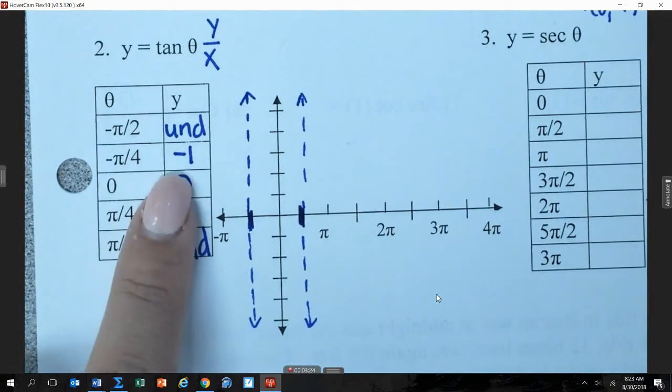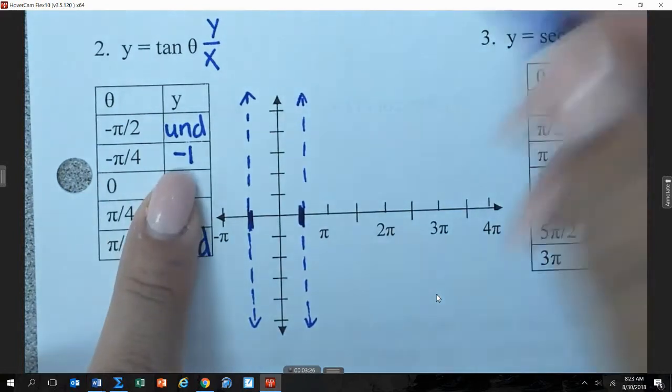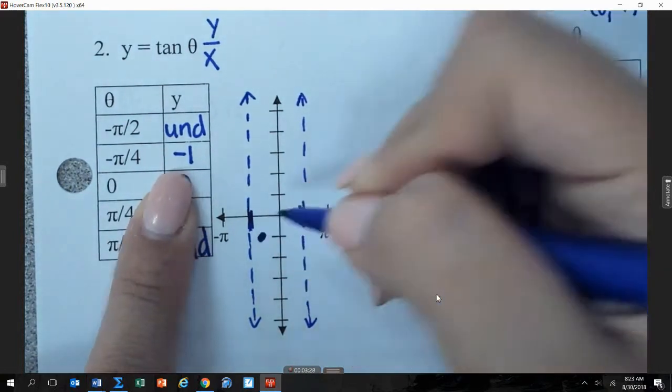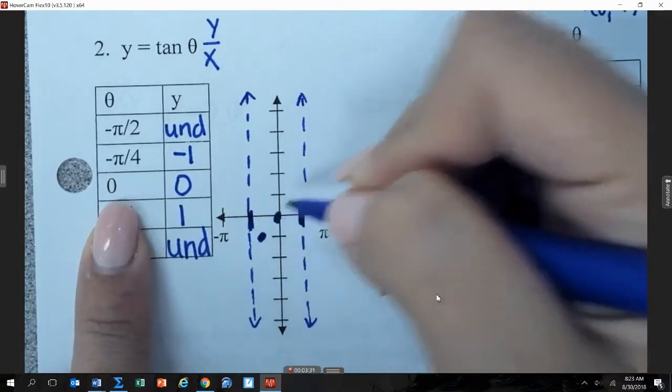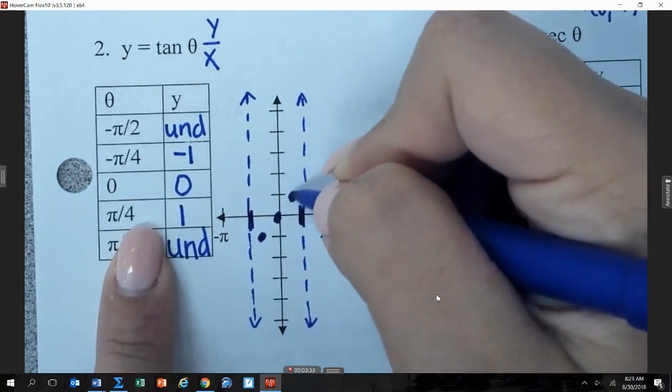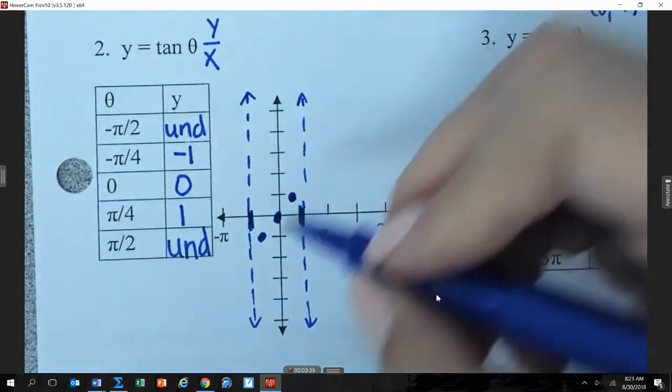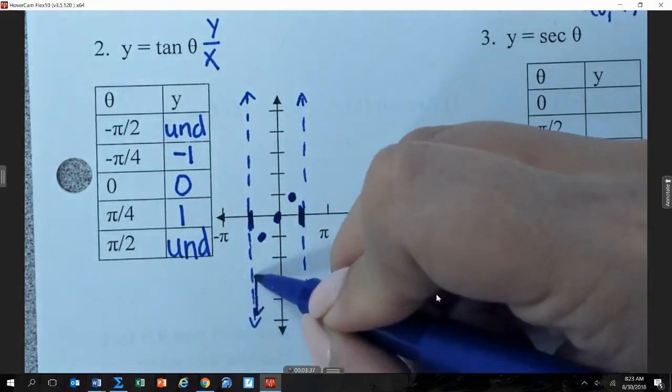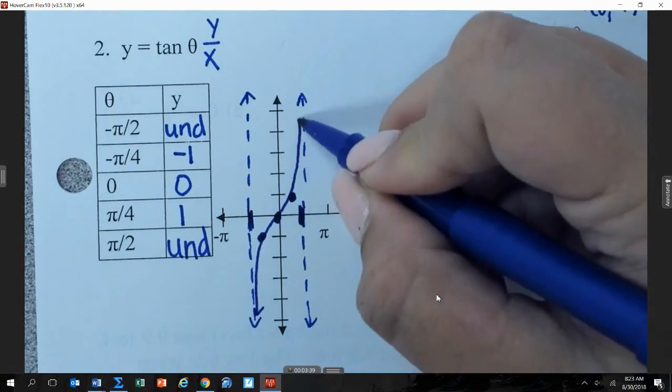Okay. And then I'm going to plot these points. Negative pi over 4, negative 1, 0, 0. Pi over 4, positive 1. And the tangent graph is going to increase from left to right between those asymptotes.